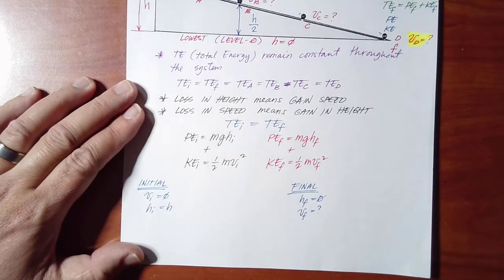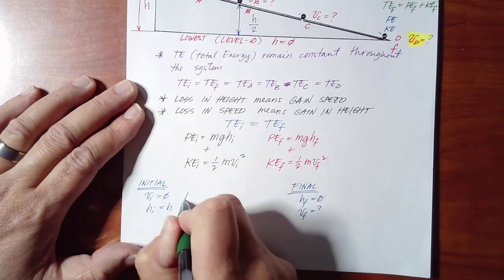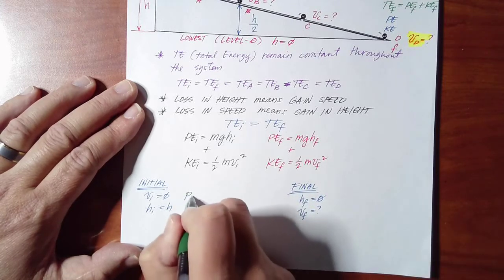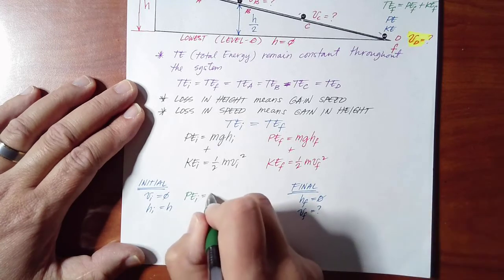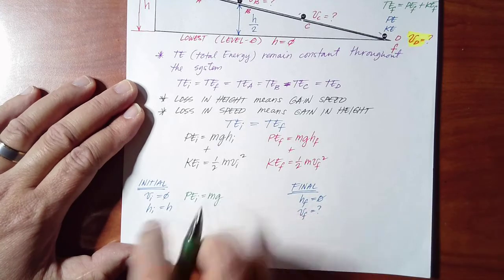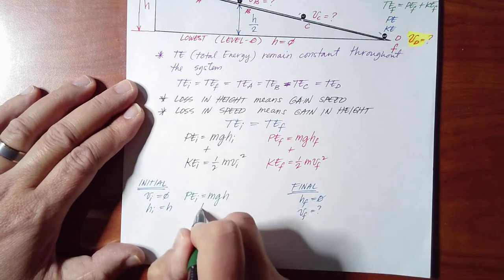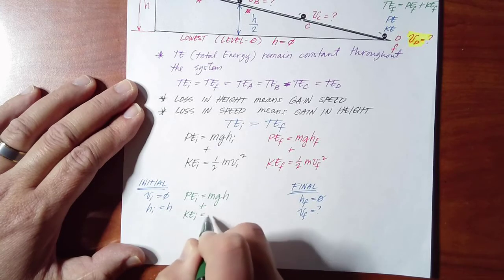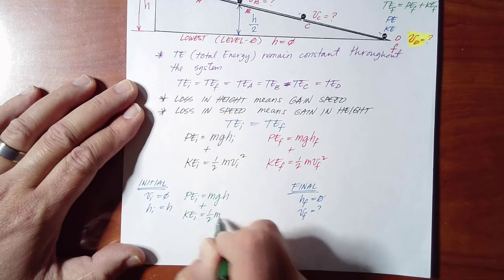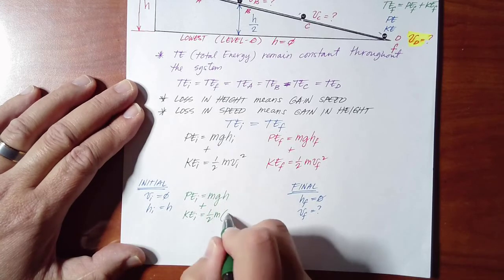Just plug in the values. So let's say potential energy initial, which is mass multiplied by g, and then height hi is just simply h, and then let's add the kinetic energy initial, which is 1/2 mass times the initial velocity, which is 0, squared.